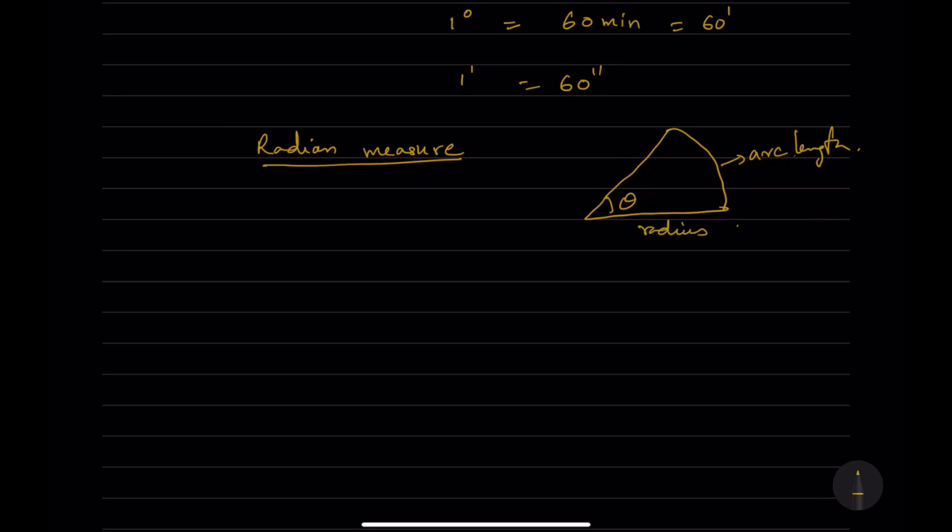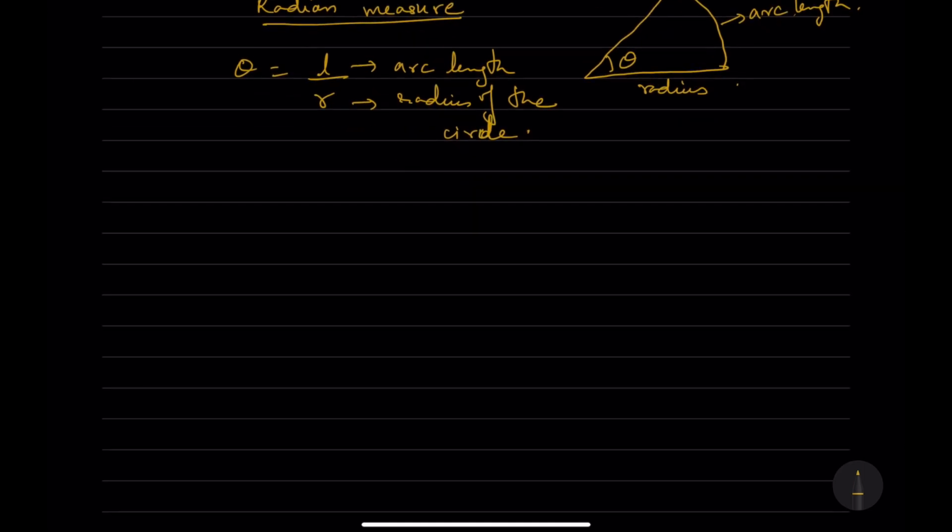Therefore theta is equal to L by R, where L is the arc length and R is the radius of the circle.